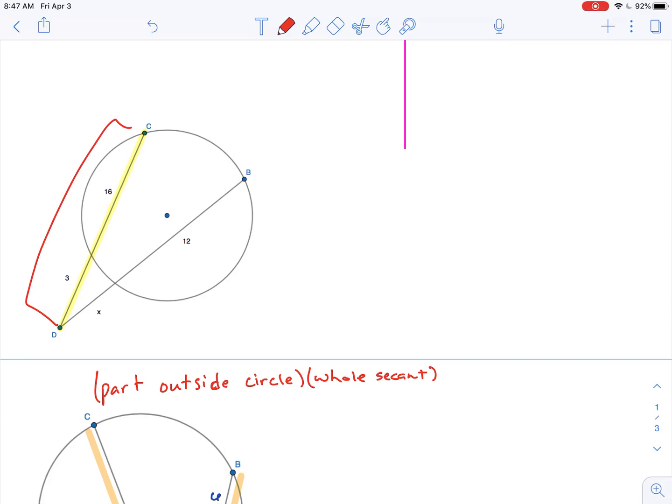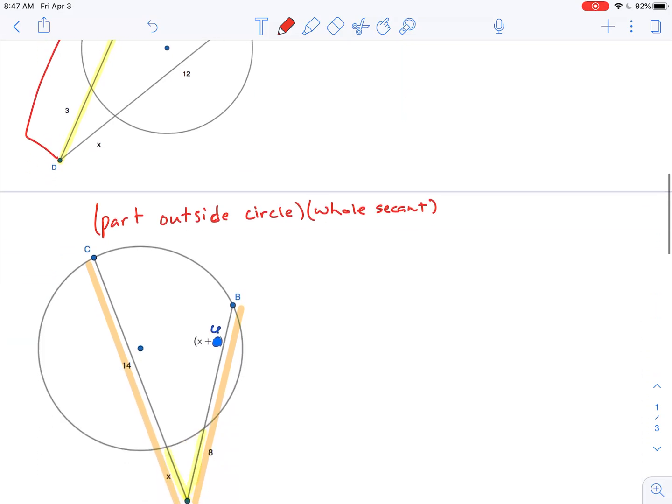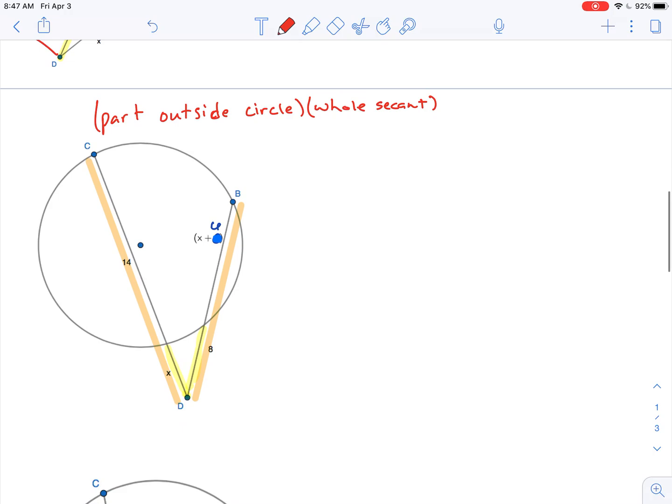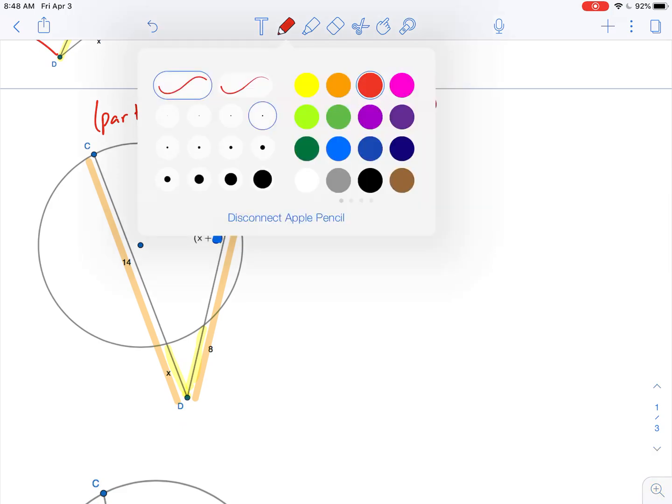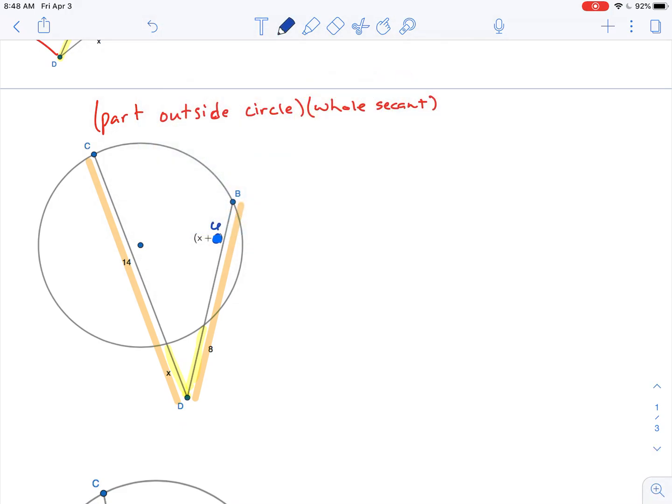I would look at the part outside the circle, like here it's 3. But how do I find the whole secant? Well, if part of it is 3 and the other part is 16, well then what's the whole secant? Must be 19. I would just add up the 2 pieces.